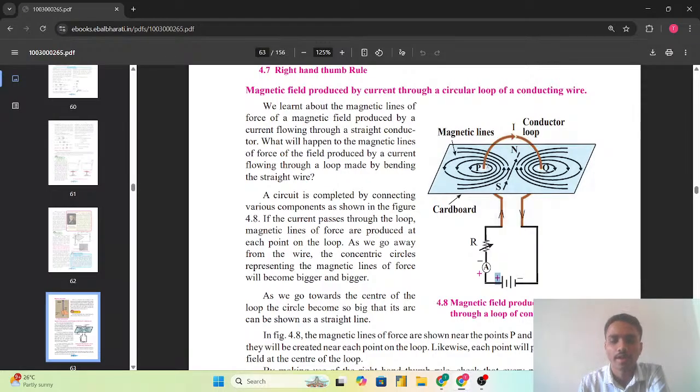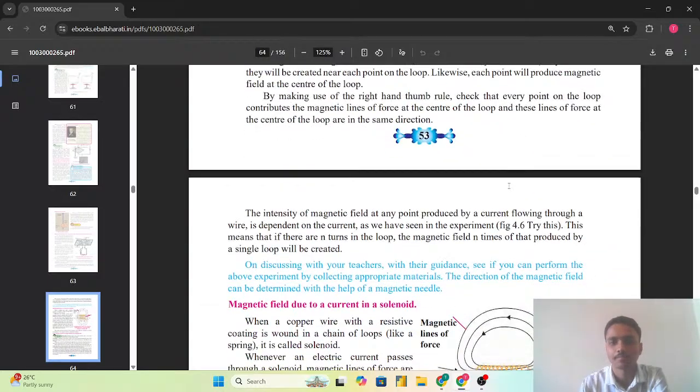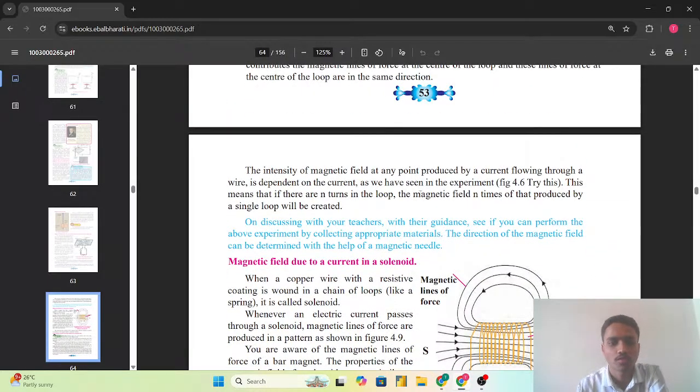As we can see here, the magnetic lines of the force are in concentric circles. But as we move away from the current carrying conductor, the magnetic lines of force go on increasing in size, and at one point they become a straight line. So this was the experiment.